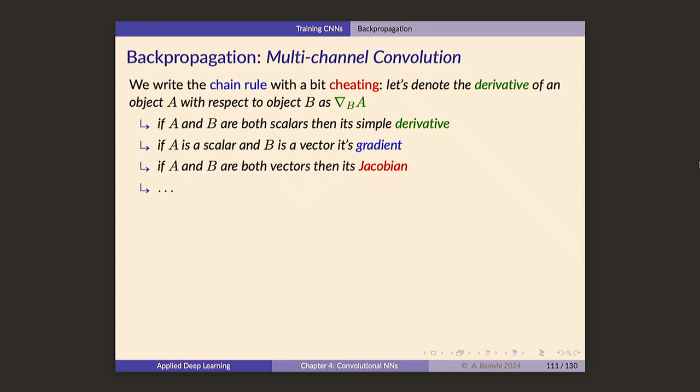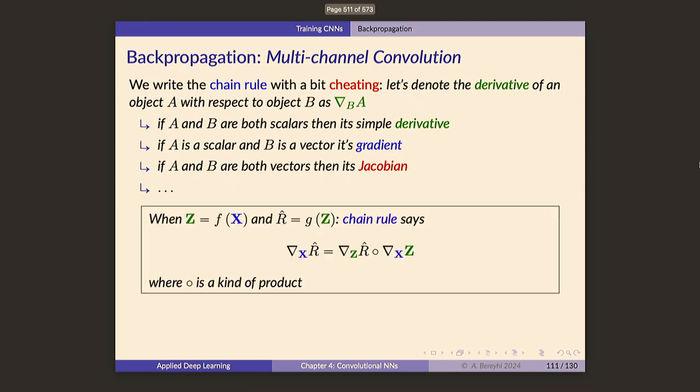So you start from the first entry in the first map of the output tensor, and you compute the partial derivative with respect to all guys inside the input tensor, right? And then you keep on going, so the dimension is going to expand, but you don't really need to think about it. I mean, always think of it as a scalar, okay? It's not going to change anything. So I'm going to do that, and now if I do that, then I can write down the chain rule much easier. So say z is a function of x, and r hat is a function of z.